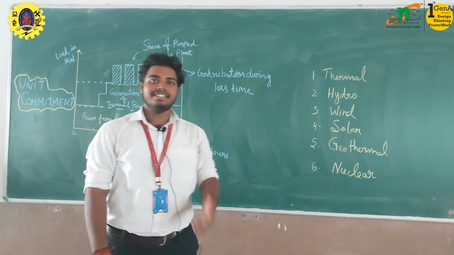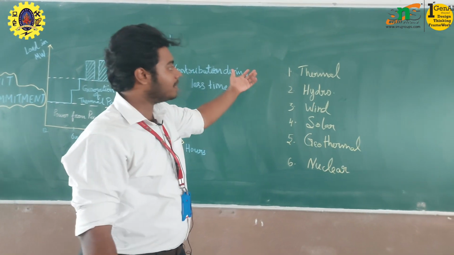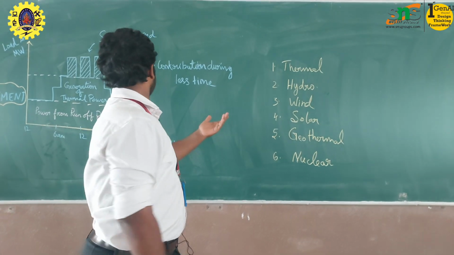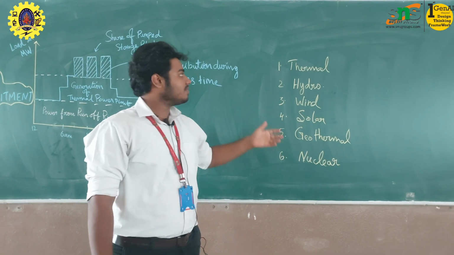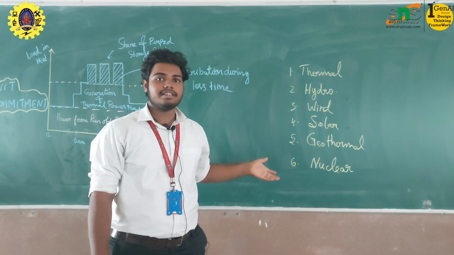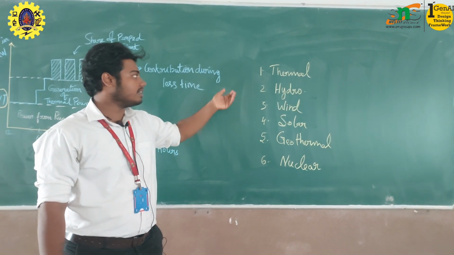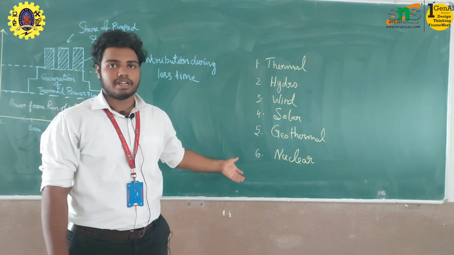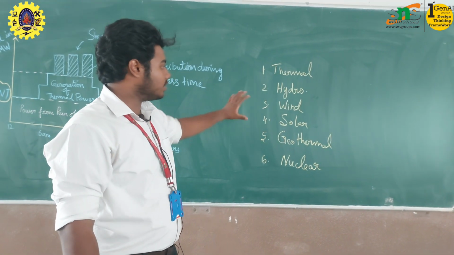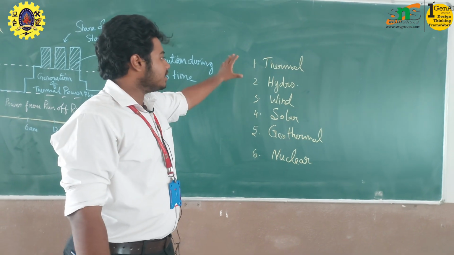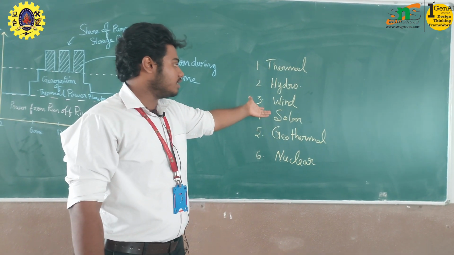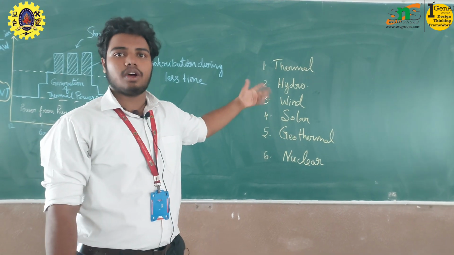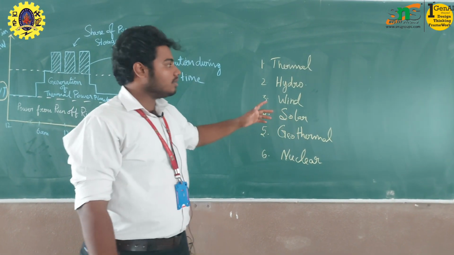So myself Harshavardhan. I'm going to speak about different types of power plants. We have six types of power plants: thermal, hydro, wind, solar, geothermal, and nuclear. When we talk about this topic, thermal, hydro, wind, and solar are most probably renewable and non-renewable also.